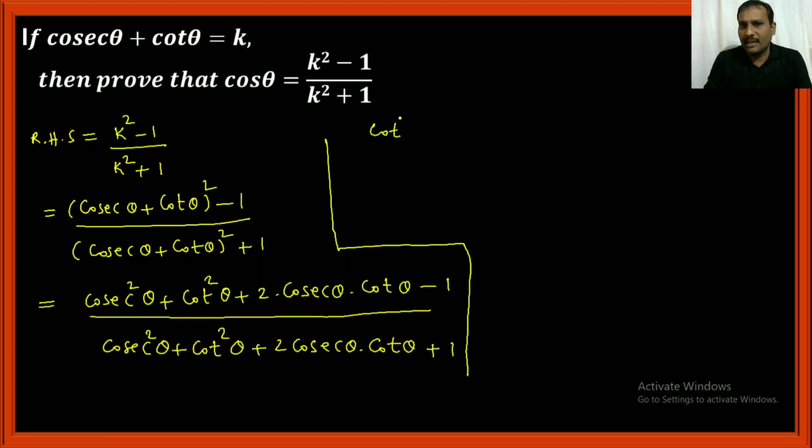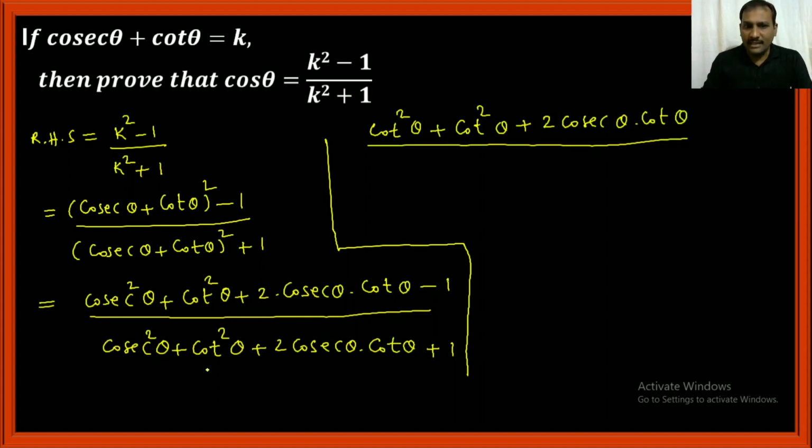So I am writing cot square theta plus cot square theta plus 2 cosecant theta into cot theta by, in the denominator, cosecant square theta plus 1, or cot square theta plus 1. What is cot square theta plus 1? That is cosecant square theta.